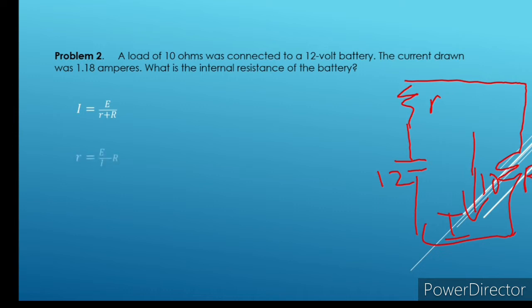So our formula will become internal resistance is equal to E over I minus the resistance. So substitute the given values to the formula. We will have R is equal to the given volts, which is 12, over the current, which is 1.18 amperes, minus the resistance of 10 ohms. So our internal resistance is 0.169 ohm.